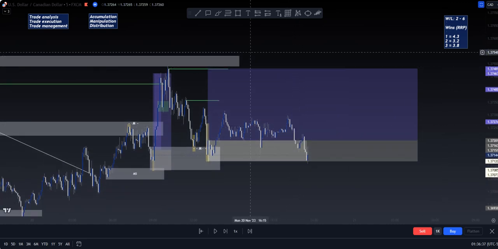I gotta check the time on this. Let's see. Oh, okay. This is a time where I never would have even bothered to place a trade. This is the US dollar to the Canadian dollar. This is something that should only be traded during New York session, maybe London sometimes.